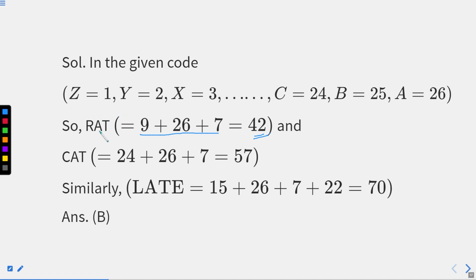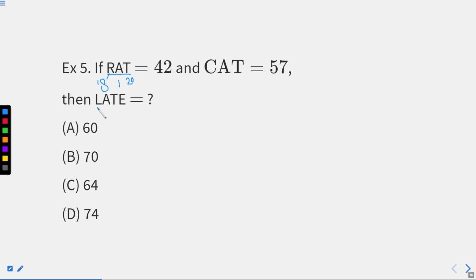So we'll similarly use the concept in the question word, and our question word is late. For L, we know the reversible value, that is 15. I hope that you all are aware of this. For A, it is 26. For T, we have just read, it is 7. And for E, that is going to be 22.